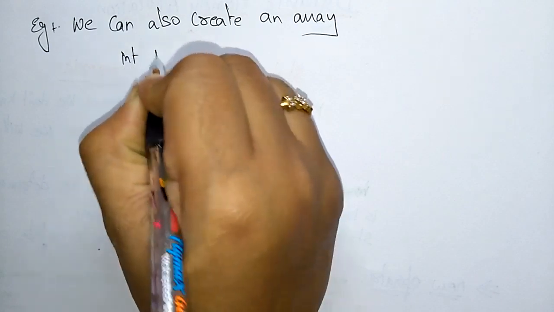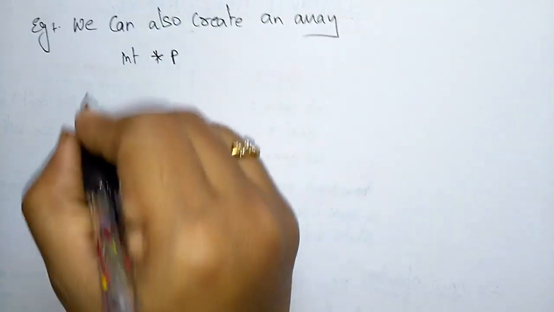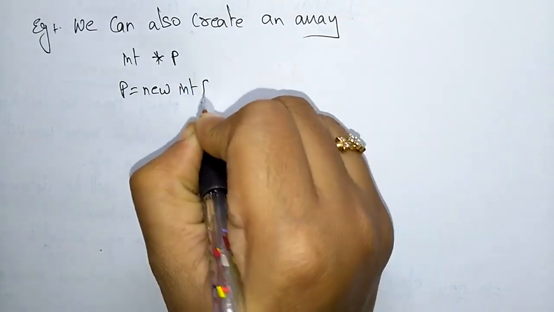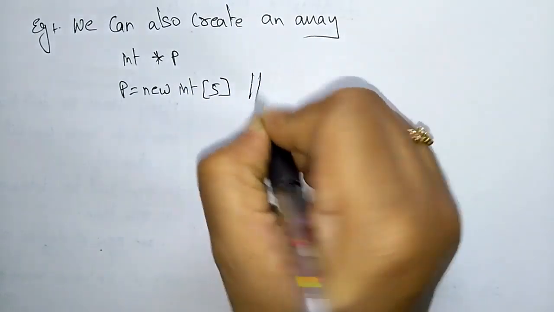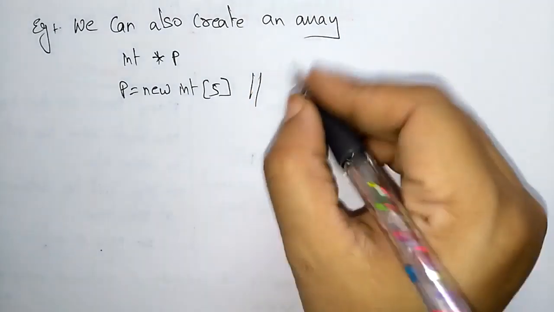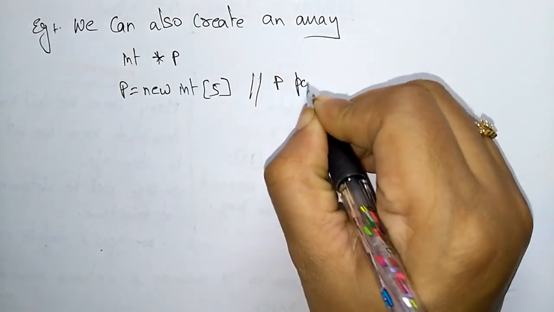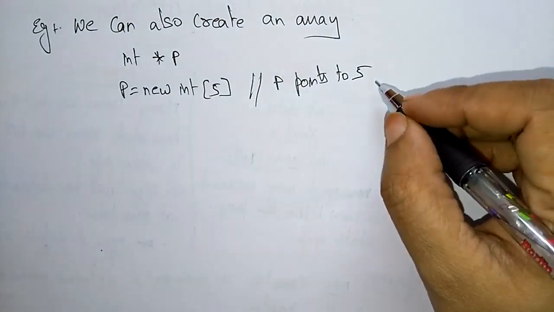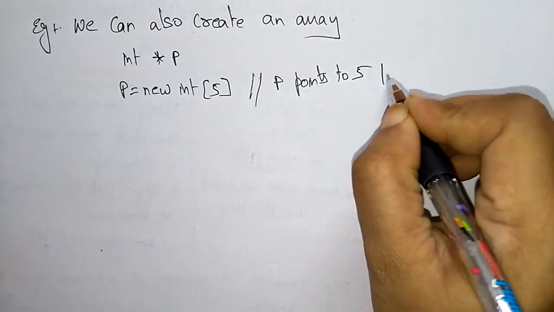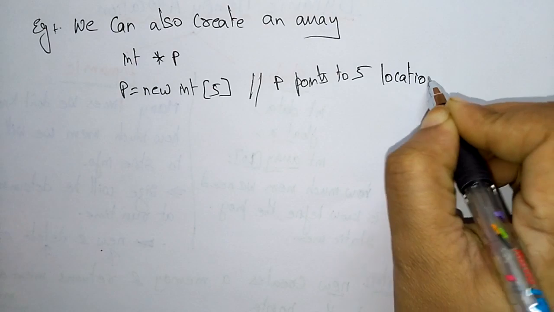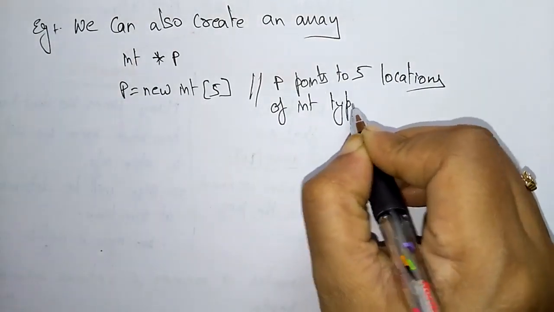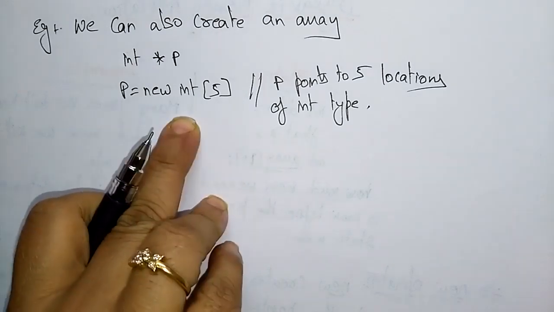So int star p. Now p is equal to new int 5. So what does 5 represent here? 5 is nothing but p points to 5 locations of int type. So p points to 5 locations of int type.